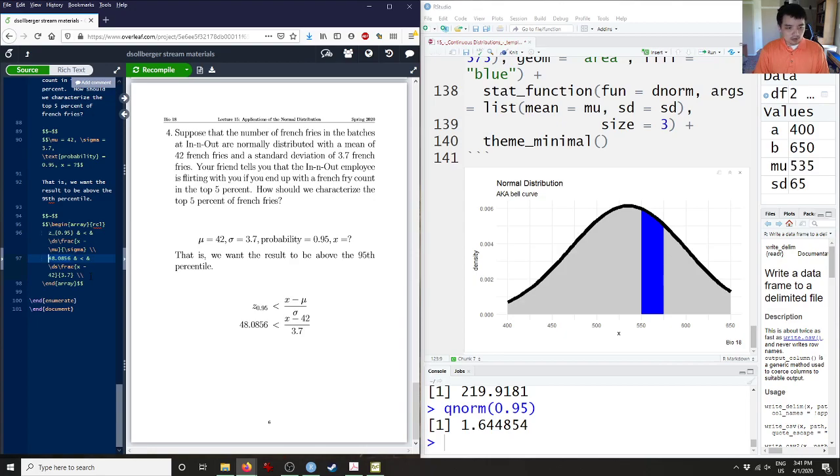As you can see on the screen, what I meant to type in the beginning was just the qnorm function with the 0.95. And then that number, the 48 point something. That's actually what we get for x.